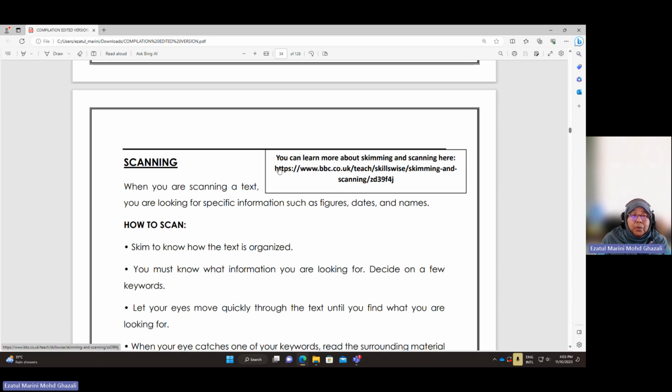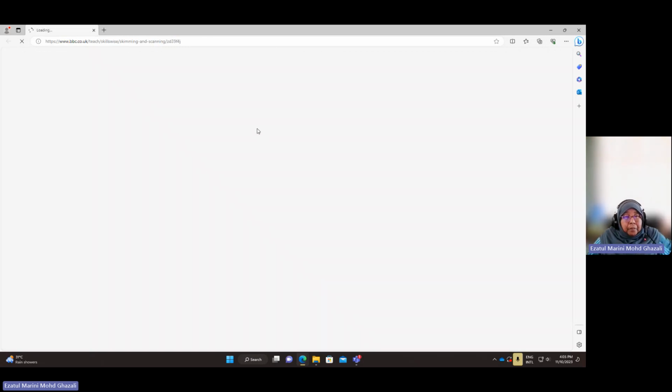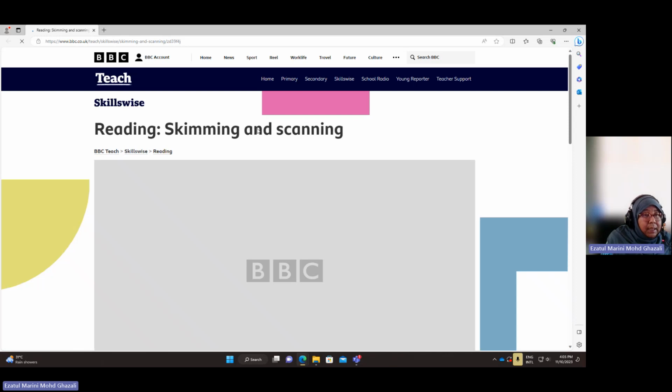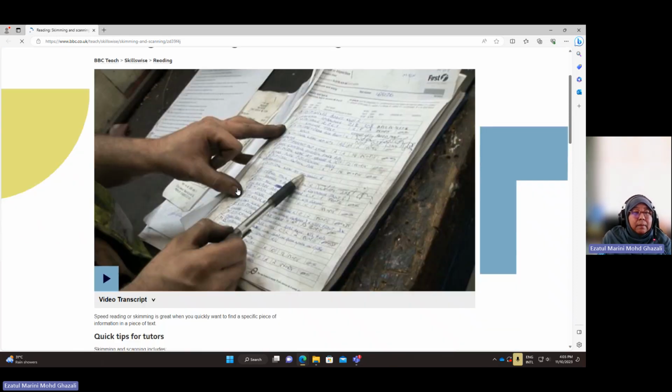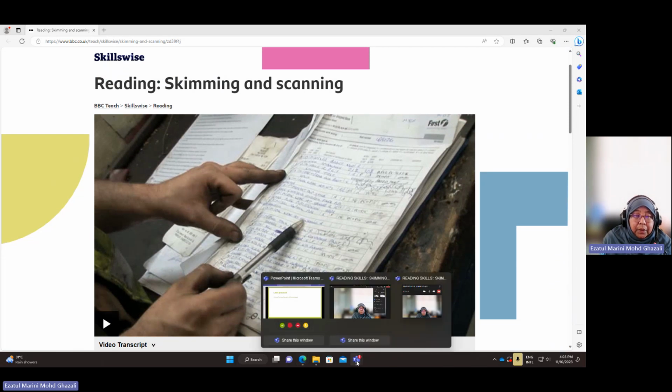Okay, let us have a look at this. I would want you to try this. See whether we can open. This is an example of skimming and scanning again to let you understand better what skimming and scanning are. Let's have a look at the video.